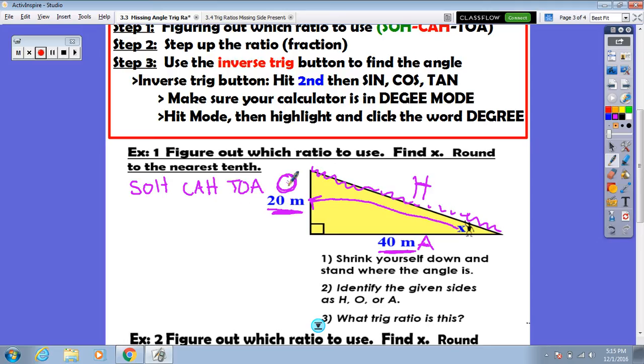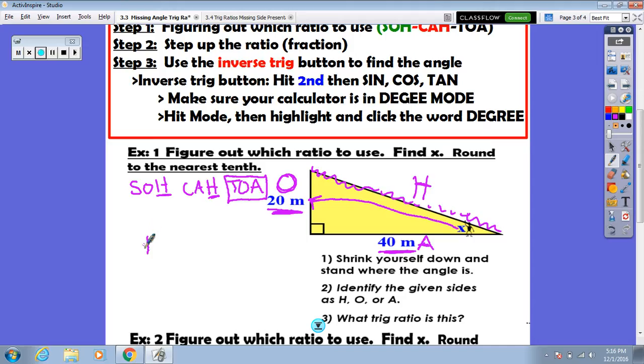Since we have opposite and adjacent, which one of my trig functions only uses O and A? Well, that's going to be my tangent function, because notice that sine and cosine all require you to use the hypotenuse, and they did not give me a number on my hypotenuse. So let's set up our tangent function.